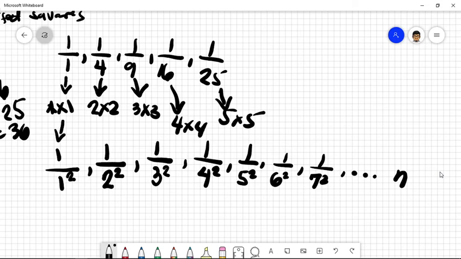Remember, ang 1, 2, 3, 4, 5, 6, 7 are the number of perfect squares na nakuha. Ano yung n natin dyan?